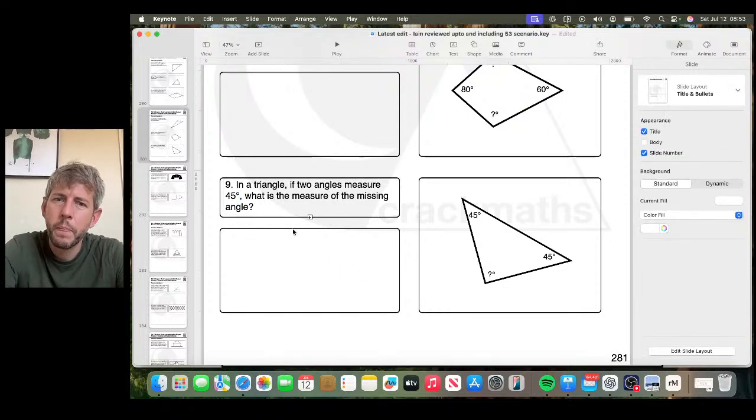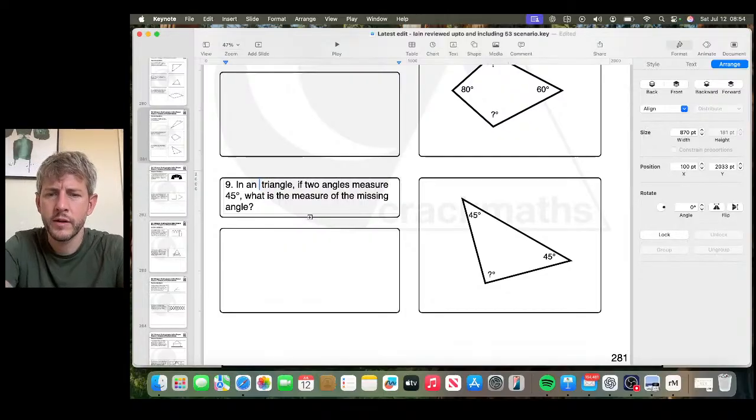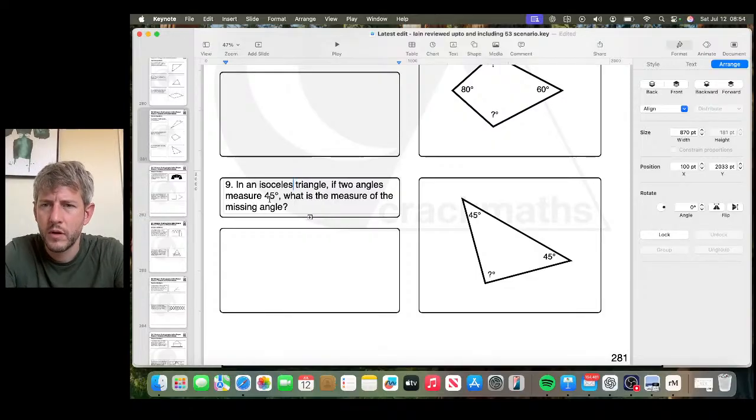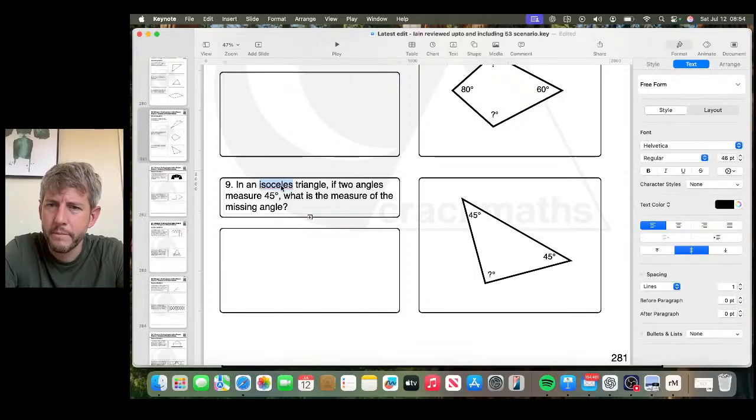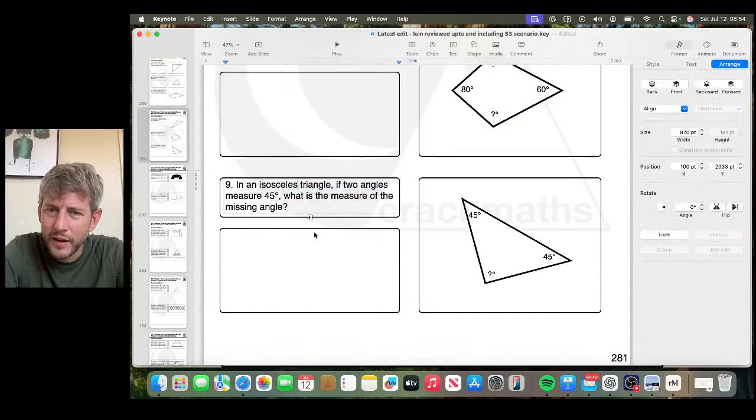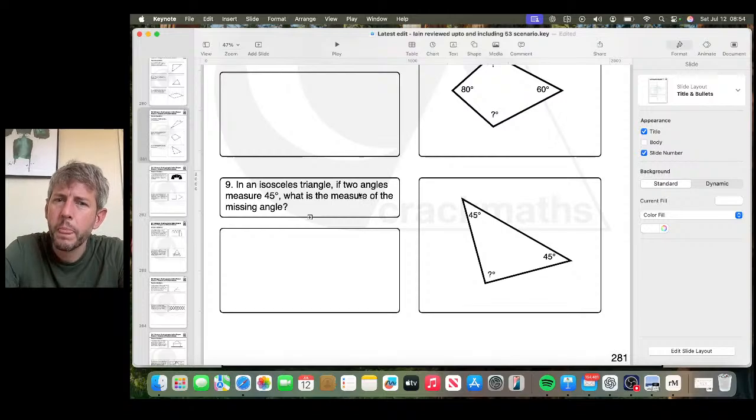That looks much nicer. I'll call it an isosceles triangle because that's what it is. Oh, I haven't spelled isosceles correctly. There you go. It doesn't look like an isosceles triangle, but it is, it's just not drawn accurately. Classic maths phrase, isn't it?